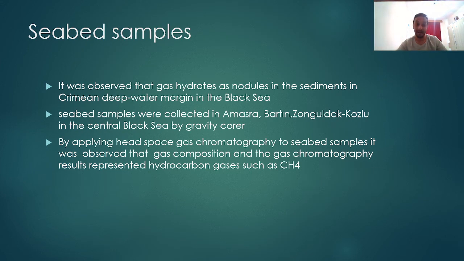Seabed samples were collected in Amasra, Bartın, Zonguldak and Kuzlo in the central Black Sea by gravity corer. By applying head space gas chromatography to the seabed samples, it was observed that the gas chromatography result represented hydrocarbon gases such as methane.